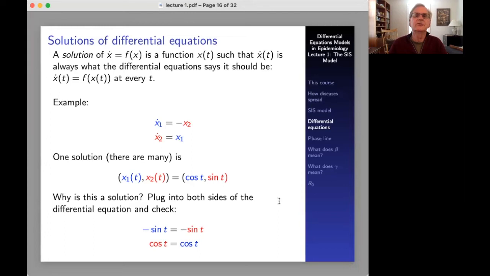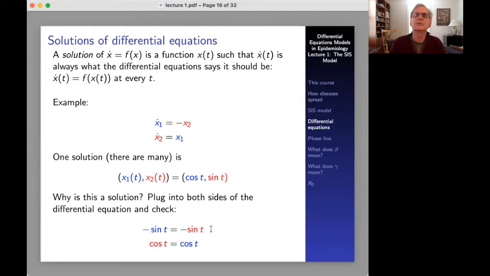Why is this a solution? Even if you don't know how to find it, you can easily know how to check it. To check it, you just plug into both sides of the differential equation and check. So here for x1 dot, we plug in the derivative of cosine t, which is minus sine t. And here for minus x2, we plug in minus sine t. There it is.